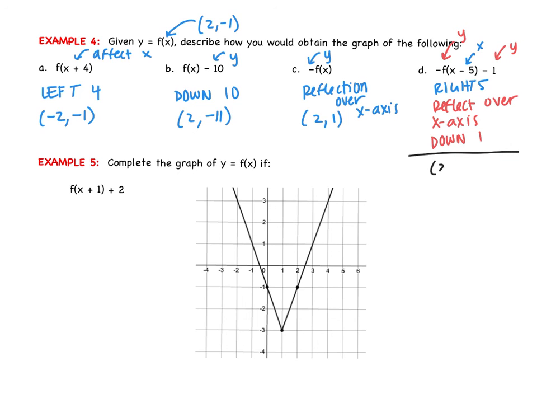So our new point, if we had 2, -1, we have to do all 3 of those, and we have to do them in order. So first, we have to move right 5. If we're at the point 2, -1, and we move right 5, x is getting bigger. So that would be the point 7, -1.